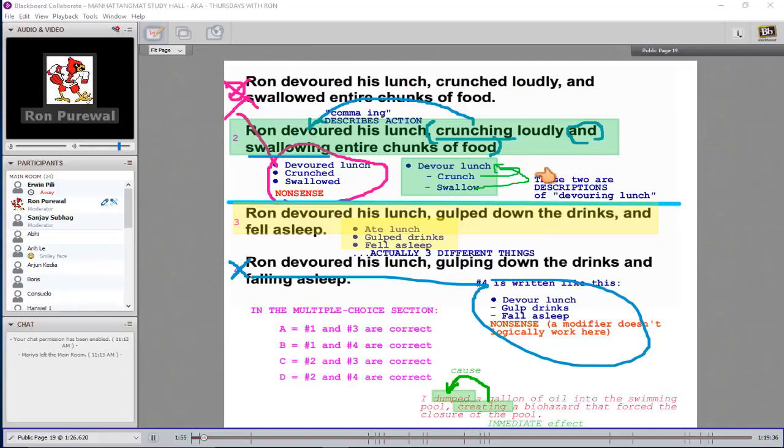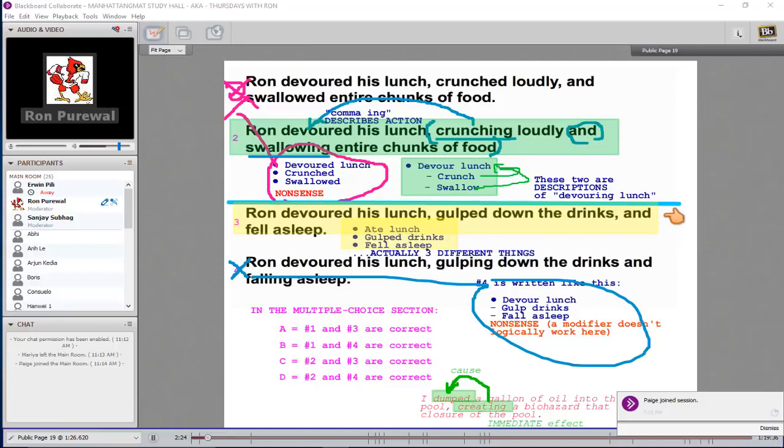All right, so just to make sure we're on the same page with this, notice you have two pairs of sentences on this page, and the first sentence has exactly the same grammar structure as the third one does, and the second sentence has exactly the same grammar structure as the fourth one does. But of these two, the second one is correct and the first one is wrong.